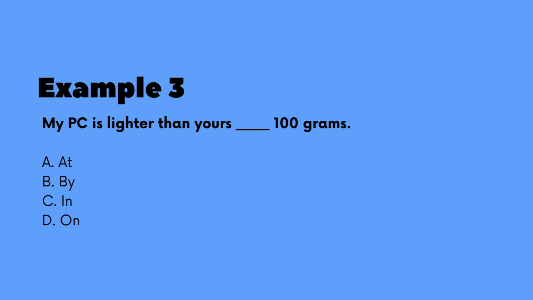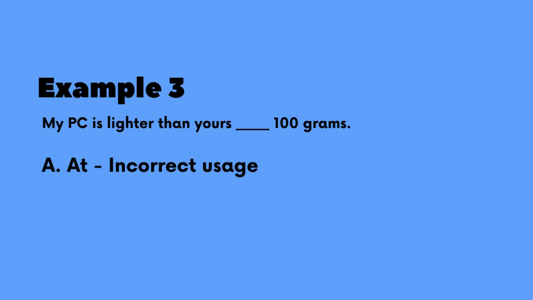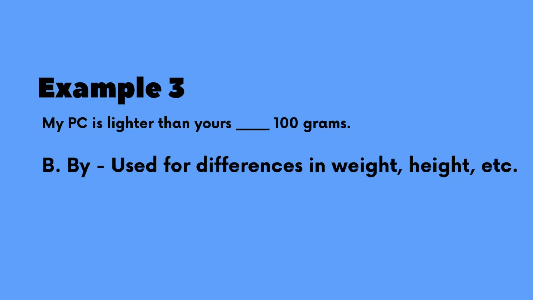So a preposition must show the correct measurement in relation here. So my PC is lighter than yours at 100 grams. That's an incorrect use of the preposition. My PC is lighter than yours by 100 grams.